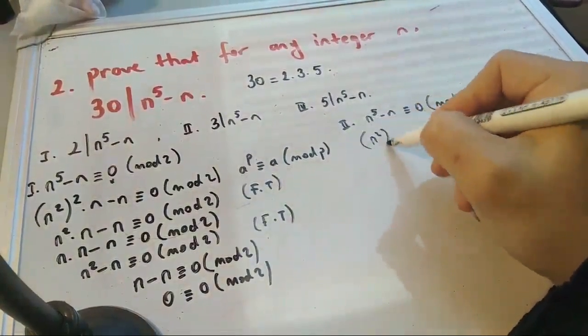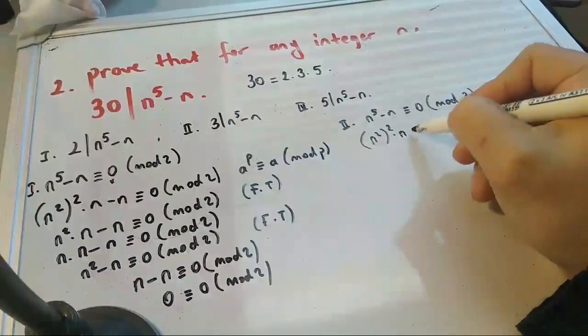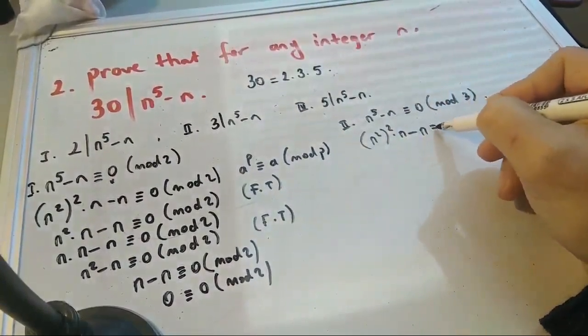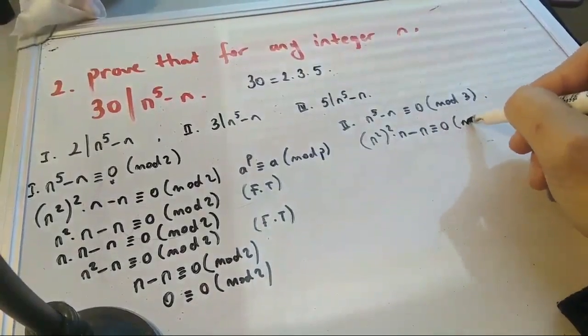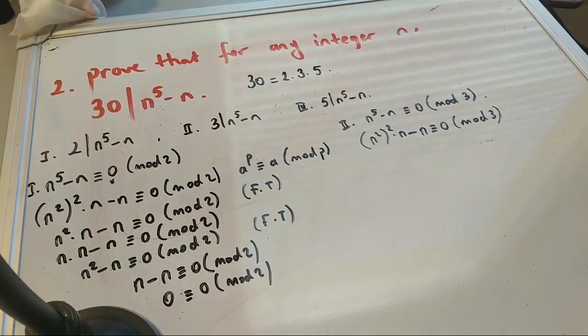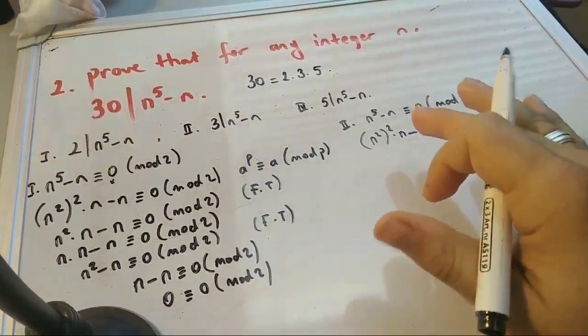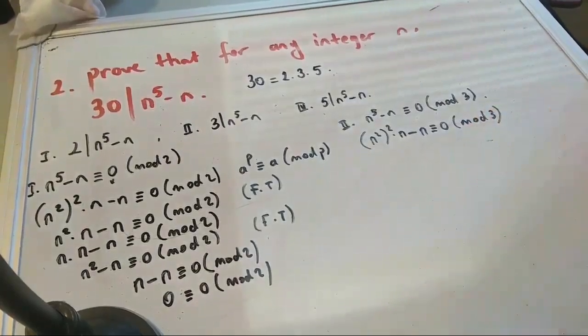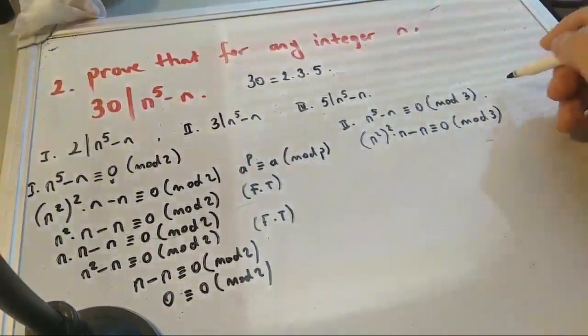N squared to the power of 2 times n minus n is congruent to 0 in mod 3. We will apply here not Fermat's theorem but Fermat's little theorem. Remember Fermat's little theorem. What is it?